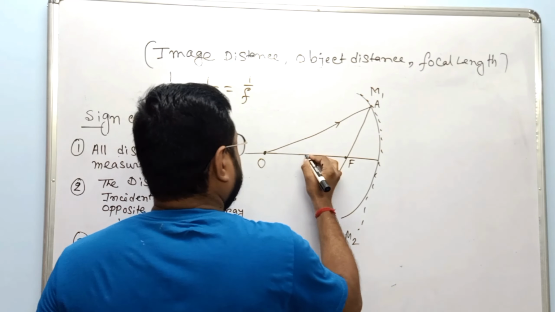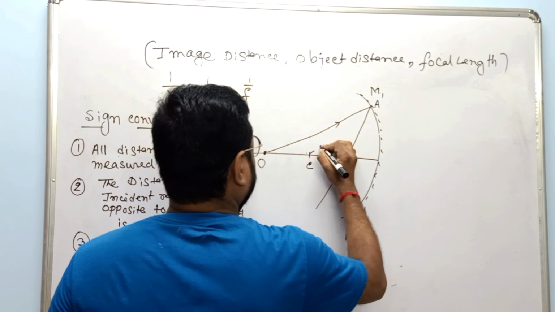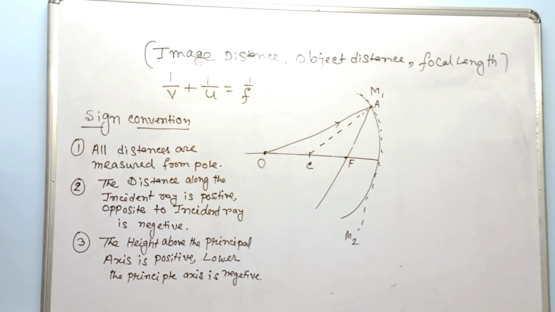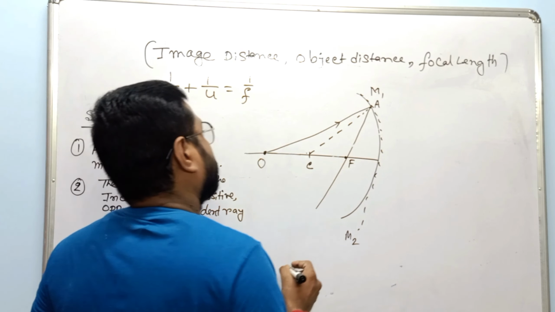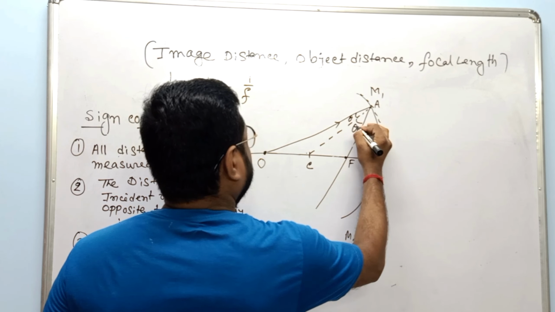So, if this is F and this is the center of curvature, then we join the center of curvature to the point A. So, this is the angle of incidence theta, and this is the angle of reflection also theta.